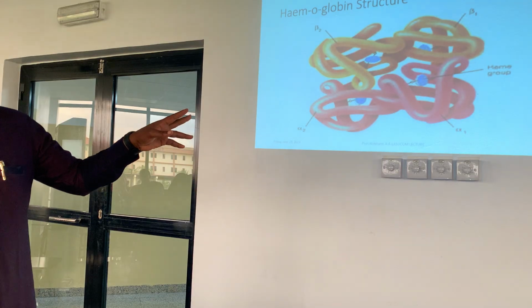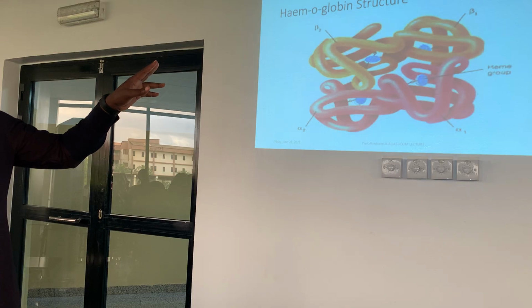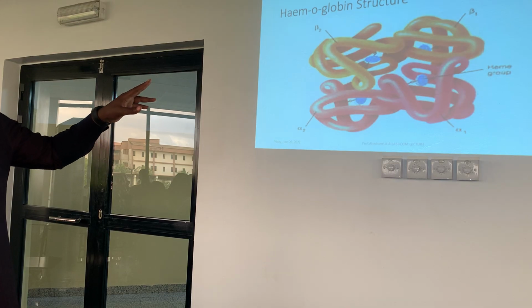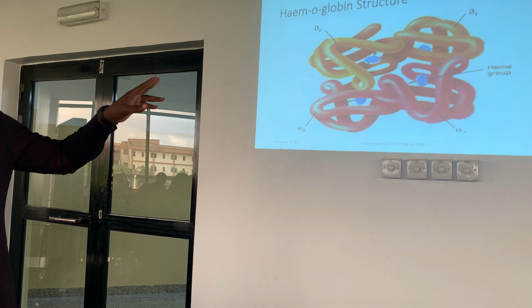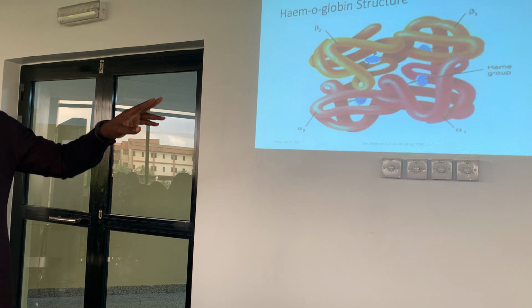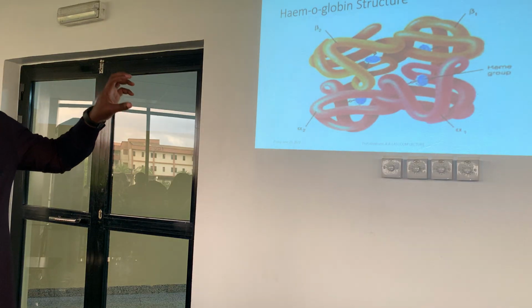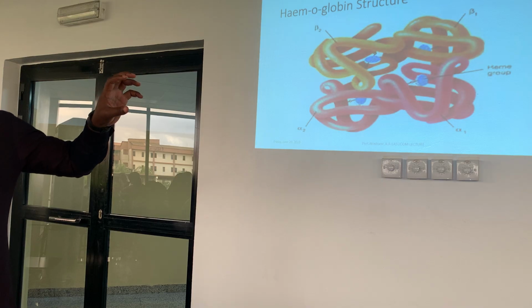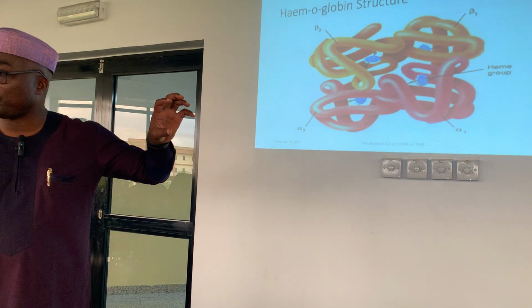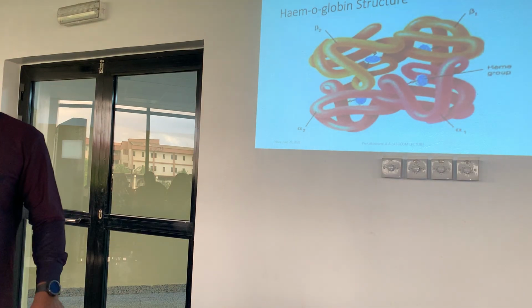You can see the color, 2 chains have the same color, and the upper part also. You can see that you have alpha 2, 2 alpha chains, beta 2. And how many heme do we have in us? We have 4. So this is just one molecule of hemoglobin carrying 4 molecules of oxygen.